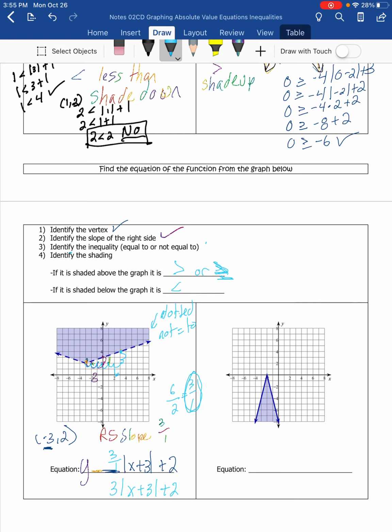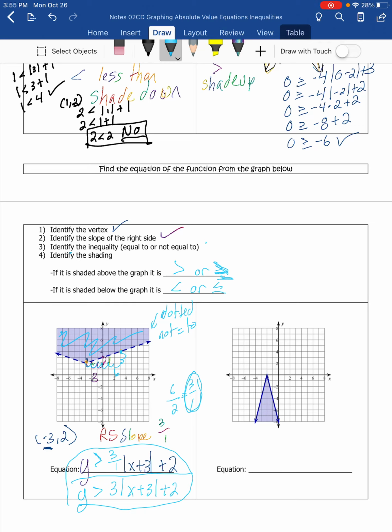And if it's shaded below the graph, it's less than or equal to. This is shaded above the graph, and so therefore this is going to be greater than, and it's dotted. I know this is going to be confusing, so I'm just going to get rid of that dash mark. So it's going to be y is greater than 3 over 1, or just plain old 3, times the absolute value of x plus 3, plus 2. So either of these are fine.